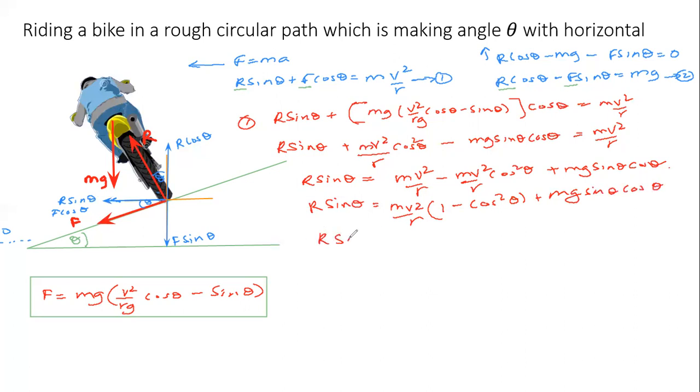What is 1 minus cos squared theta? Sin squared theta. Sin squared theta, good. Plus mg sin theta cos theta. We can see in this formula all the terms have sin theta, so one of the sin theta cancels.